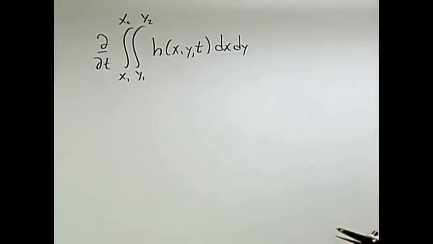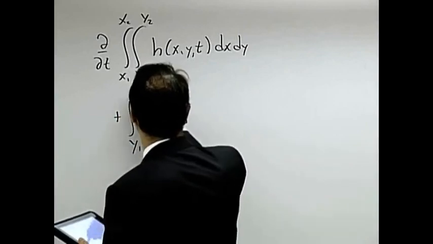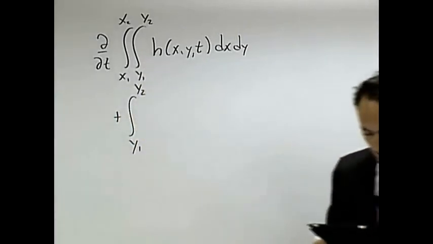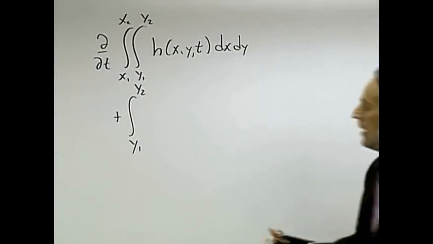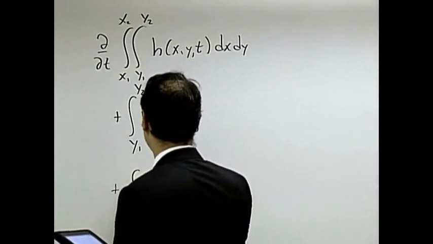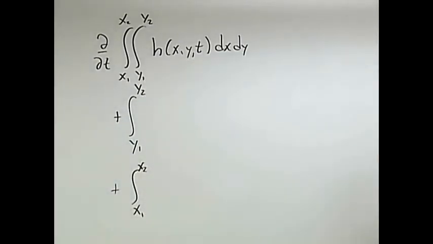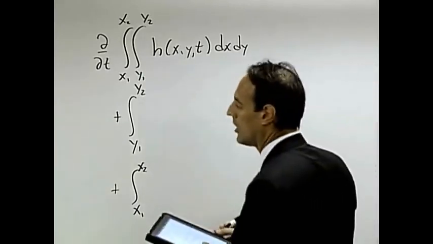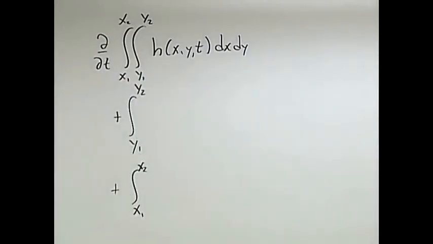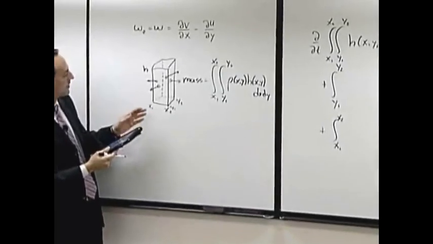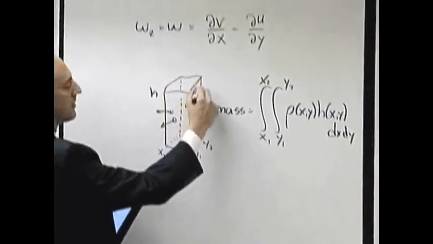So it's going to give me this quantity here, plus what I've got to calculate: what is the flux across the two boundaries, y1 and y2, and what is the flux of mass across the boundaries x1 and x2? First of all, across y1 and y2, we're going to integrate across this surface and ask how much is coming across this panel.